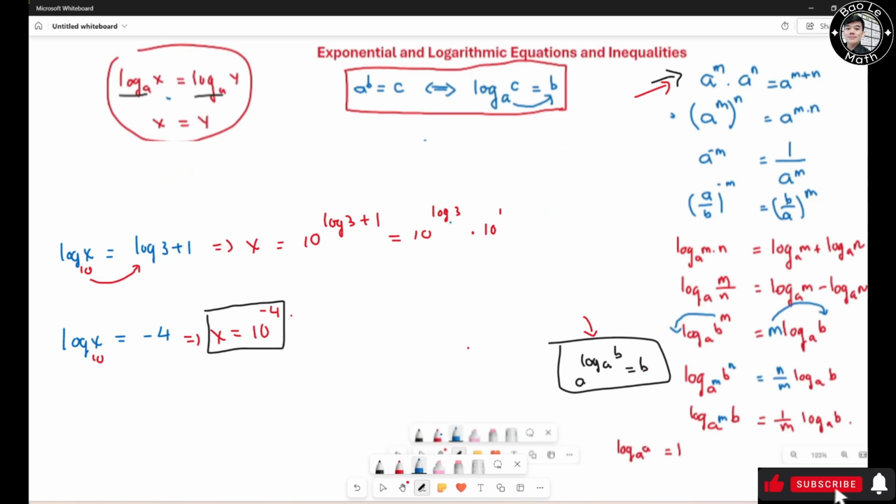Now this guy means base 10, right? So a in this situation equals 10, right? So this guy turns out to be 3 times 10, and it's going to be 30. Alright, so I have two solutions. The first one is 30. The second one is 10 power of negative 4.